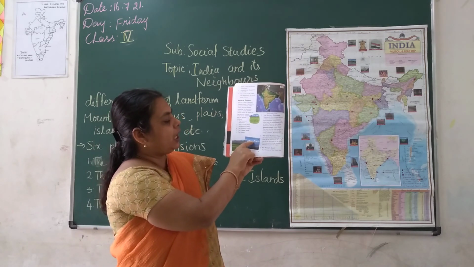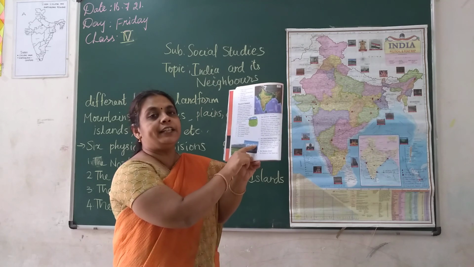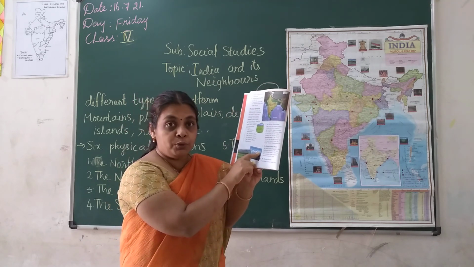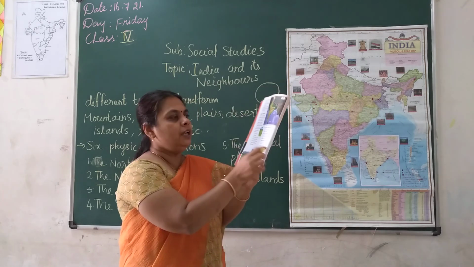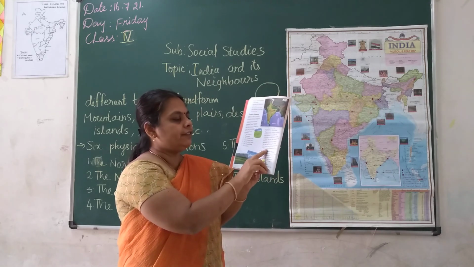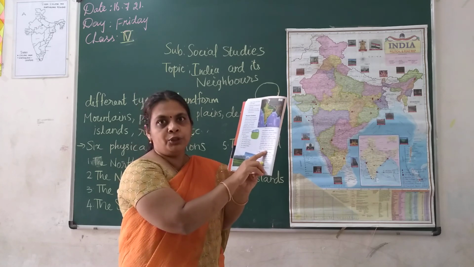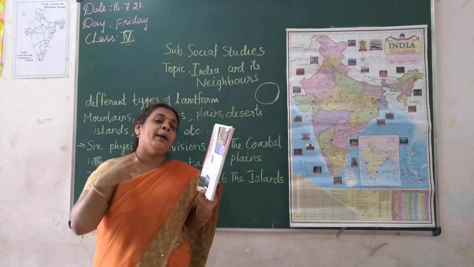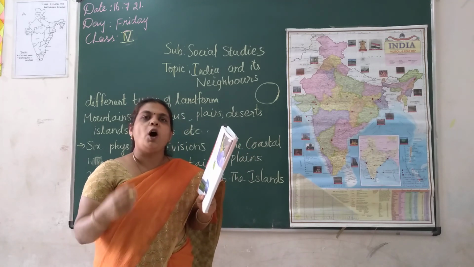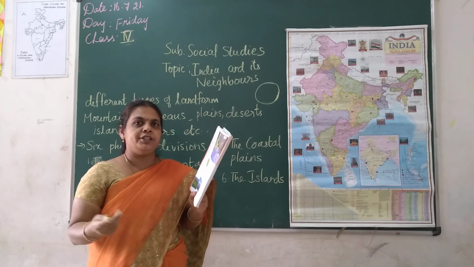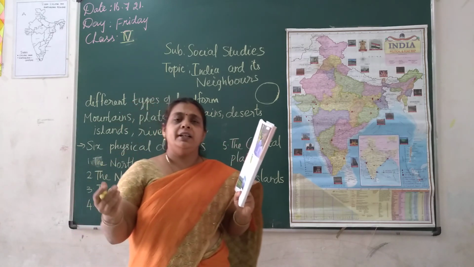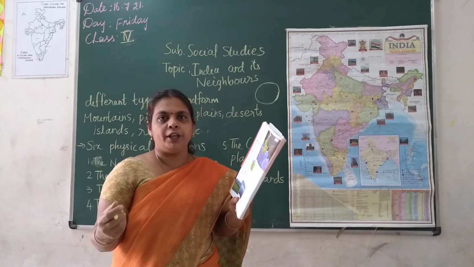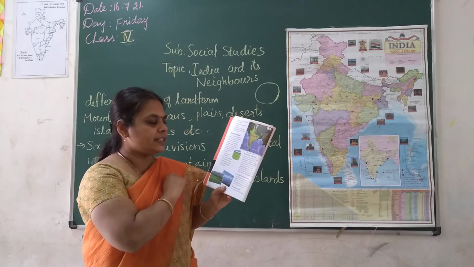It gives rise to many rivers, like Ganga, Yamuna and Brahmaputra. Every river originates from mountains, like Krishna, Godavari and Kaveri. Here also, from the Himalayas, these rivers rise.